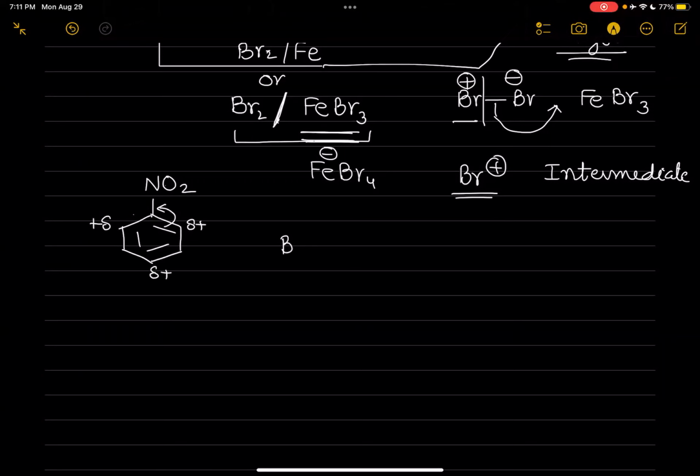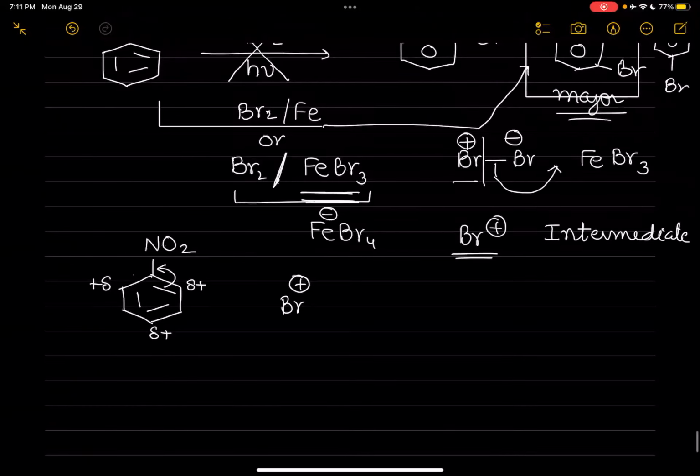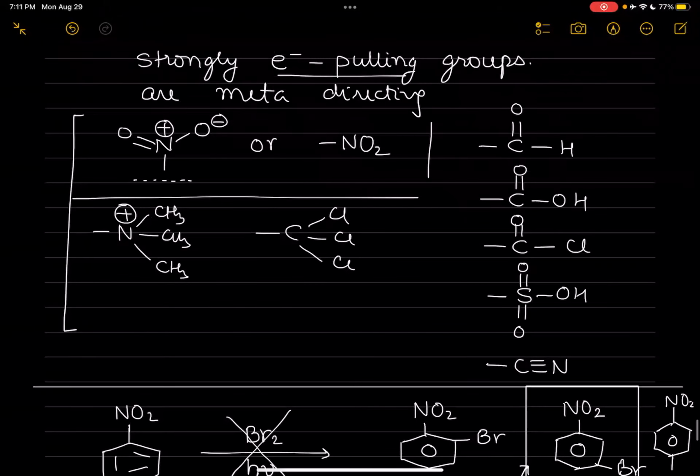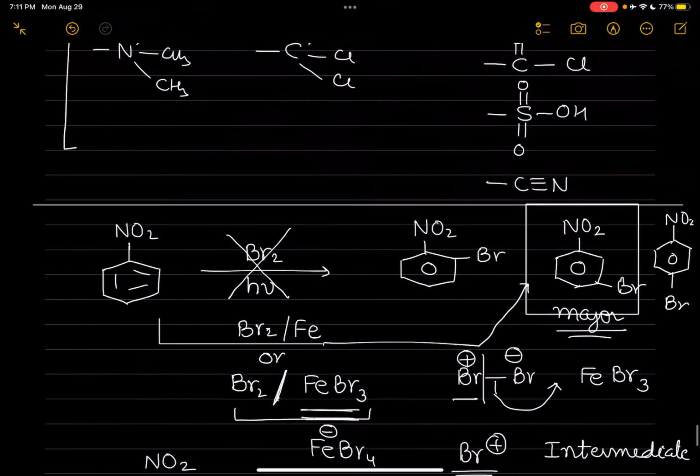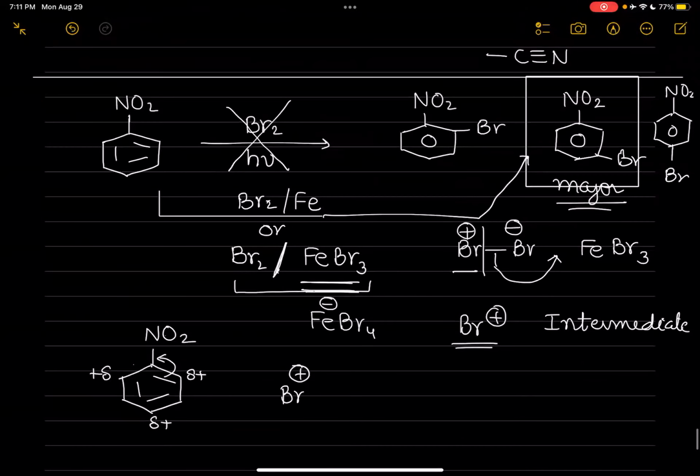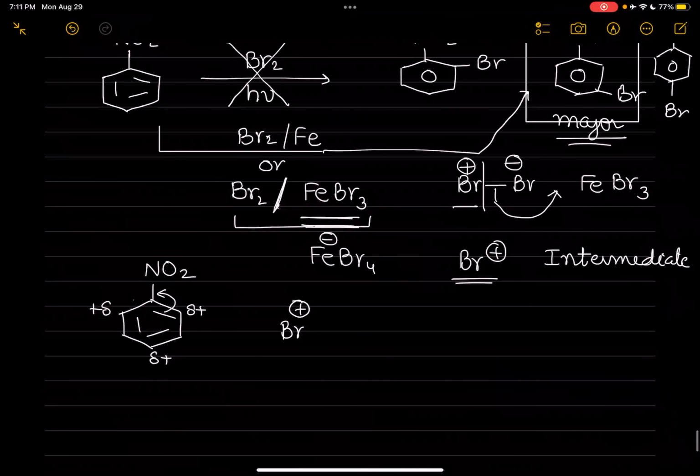NO2 also wants electrons, and the Br which is coming to the benzene also wants electrons.